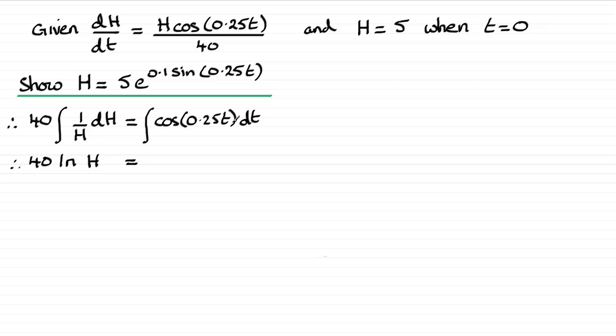Integral of cosine is going to be a sine function. That function is going to be 0.25t. But remember, we need to divide by the 0.25, that constant in front of the t. So 1 divided by 0.25, well, that's the same as 4. Okay? And then we've got the constant of integration.